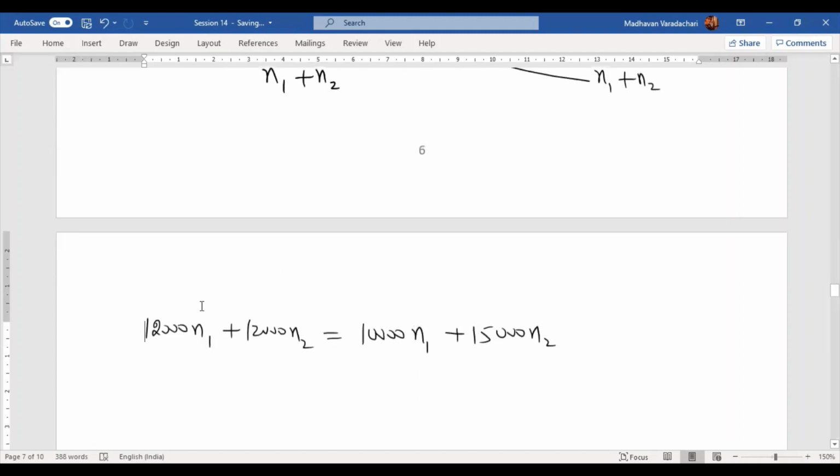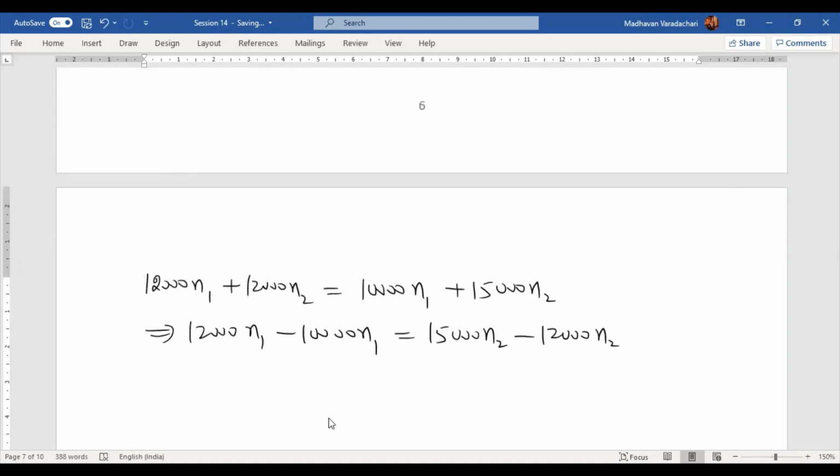Now bring n1 terms this side, n2 terms this side. Means I will have 12,000 times n1 minus 10,000 times n1 is equal to 15,000 times n2 minus 12,000 times n2. So what do I get now? I get 2000 times n1 is equal to 3000 times n2.